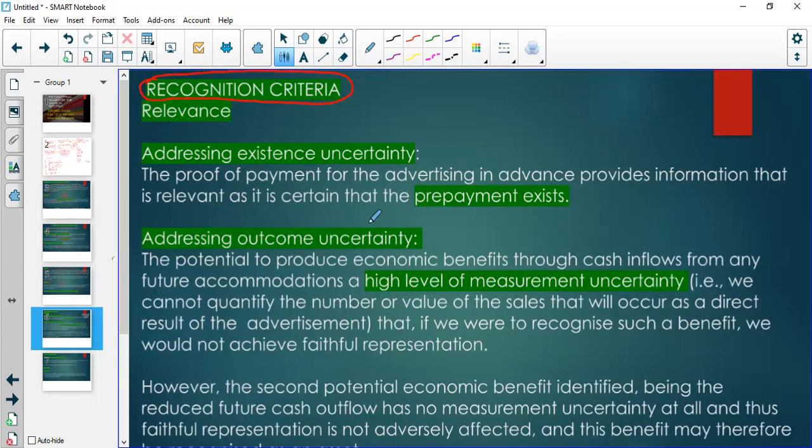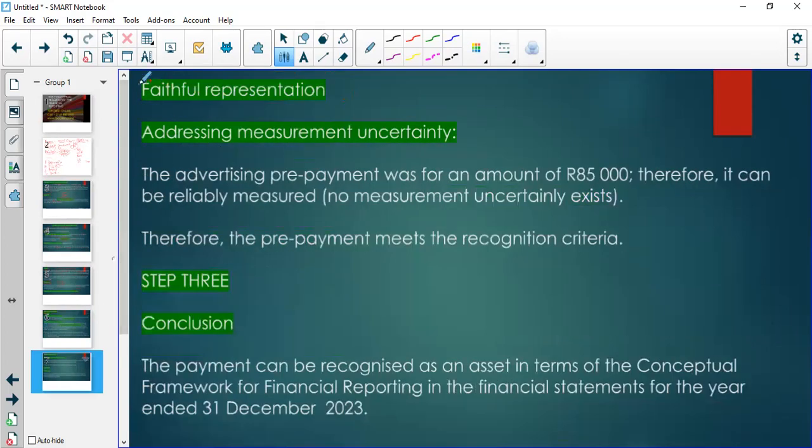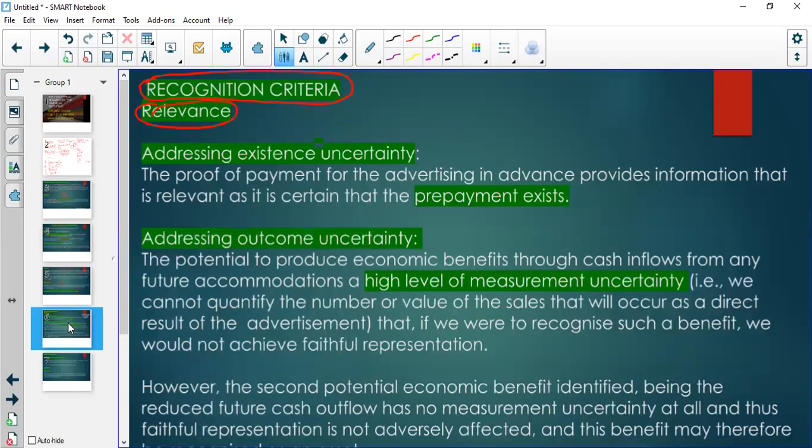So now there's a recognition criteria, and we say we only recognize elements that meet the definition of an element, and also the recognition criteria. The recognition criteria is that recognizing an element should provide useful information, and useful information has to be relevant and has to have faithful representation. So now we're going to examine this asset in terms of whether recording it is going to be relevant or a faithful representation.